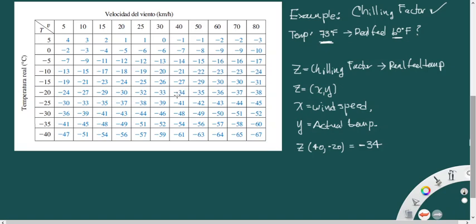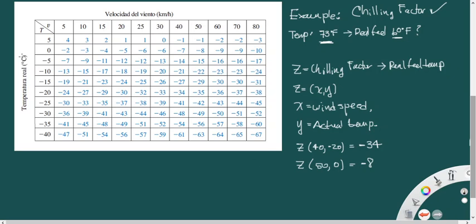If we want to know what the value for z is for 50 comma 0, a temperature of 0 degrees Celsius, you can see that the real temperature is near 0 Celsius, but with a wind speed of 50 kilometers per hour, the real feel is equal to minus 8.